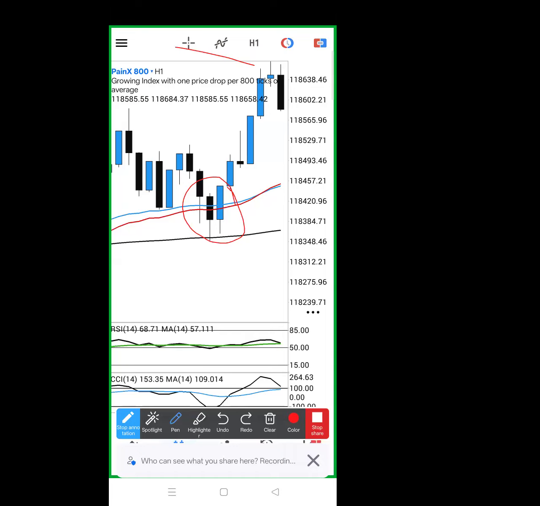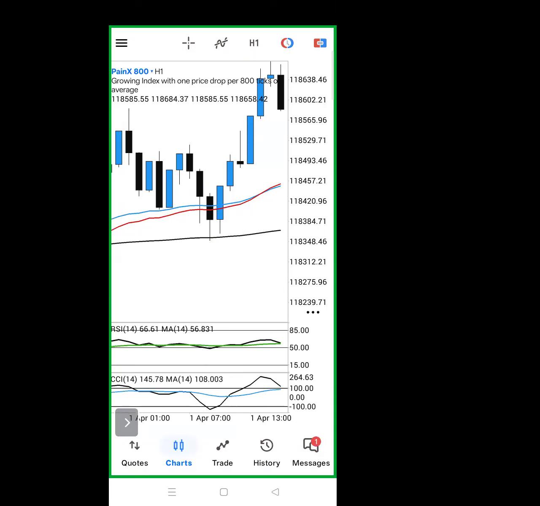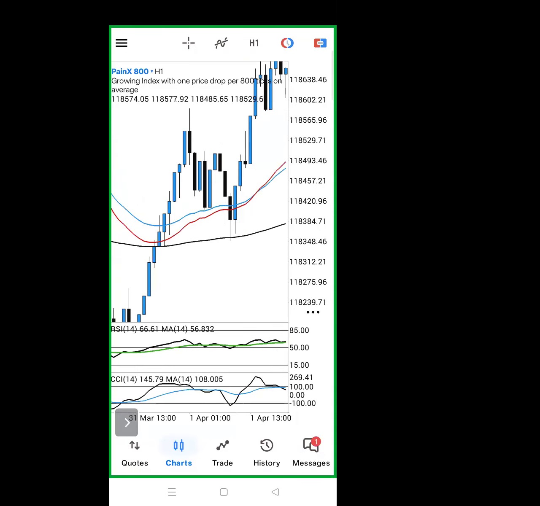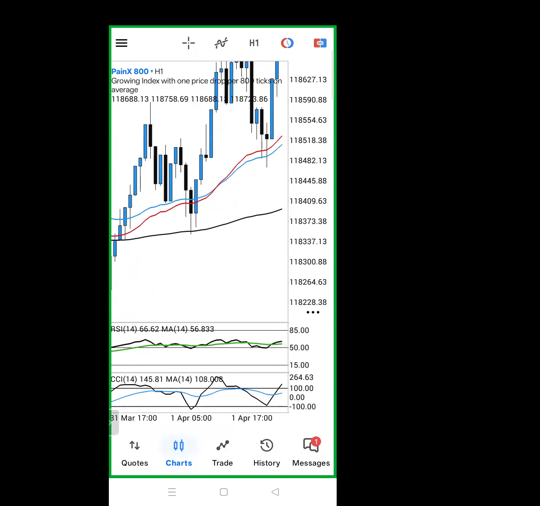Number one, you are rejecting the 200 moving average, then you got this formation. Now, another thing you want to look at is this. After you have seen that, you now come down to the oscillator, the RSI. The reason why I use the 50 level is that whenever the RSI is above the 50 level, the market is uptrend.